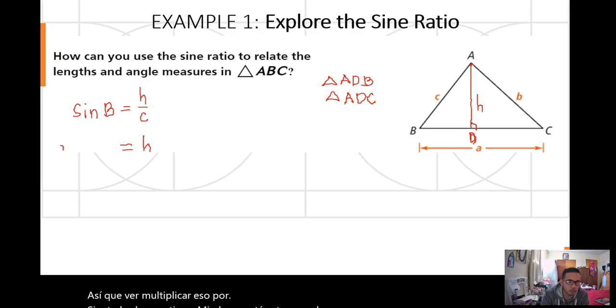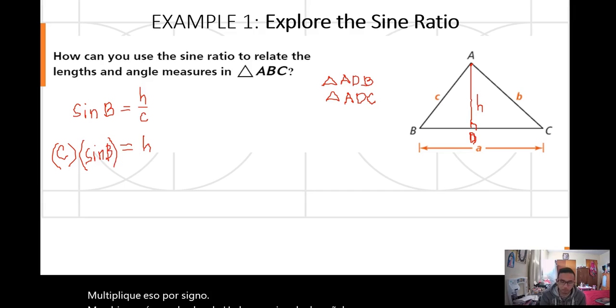So the value of h is equal to c times sine B.